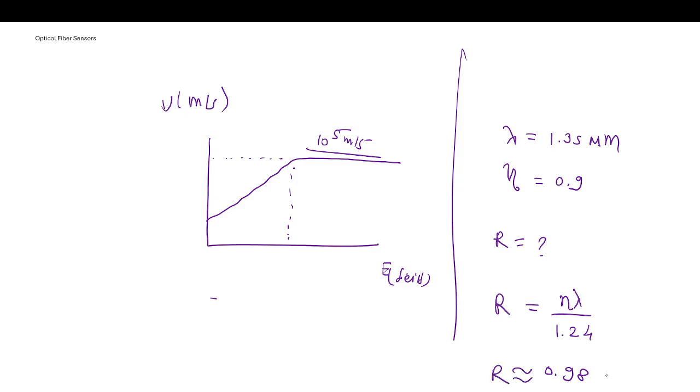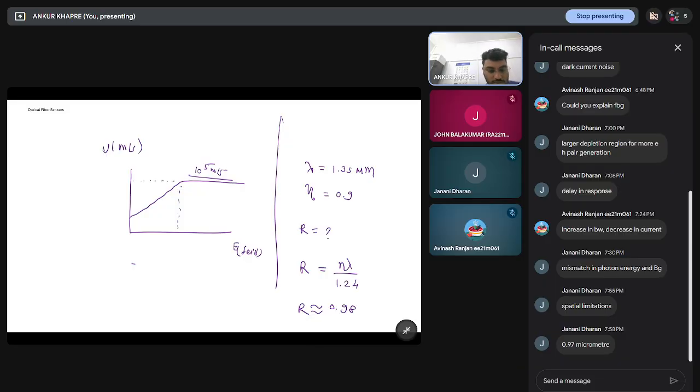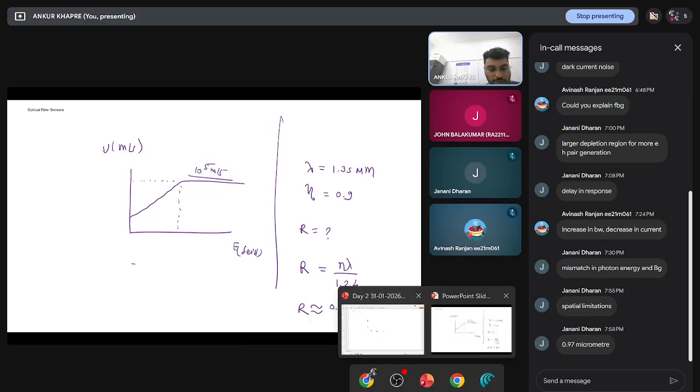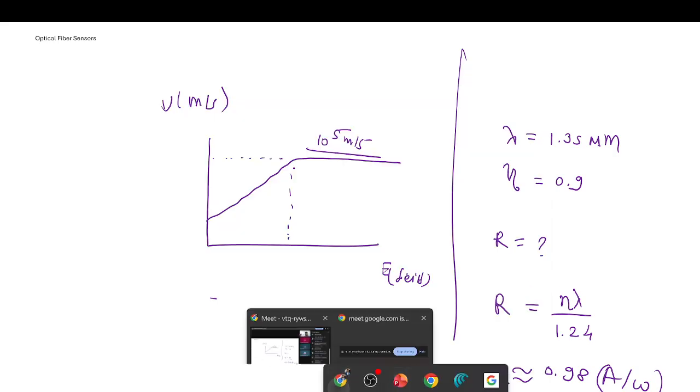What is the unit? Micron, micrometer. It's not in micrometer. Responsivity will be in ampere per watt. Okay, you are so close.